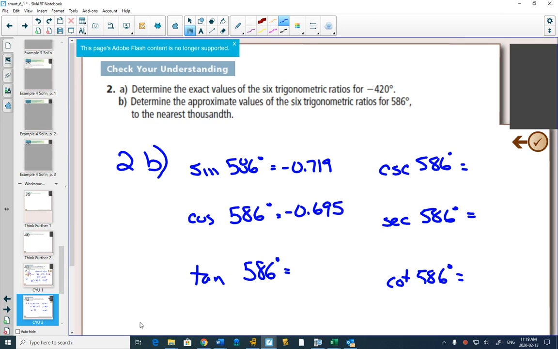I'm going to introduce you to E6 error. If you make an error in rounding, that's an E6 error. So in this one, I had to round up to 5. Now that we've done those first two, you should be able to tell me which quadrant 586 degrees is in, just from those answers.